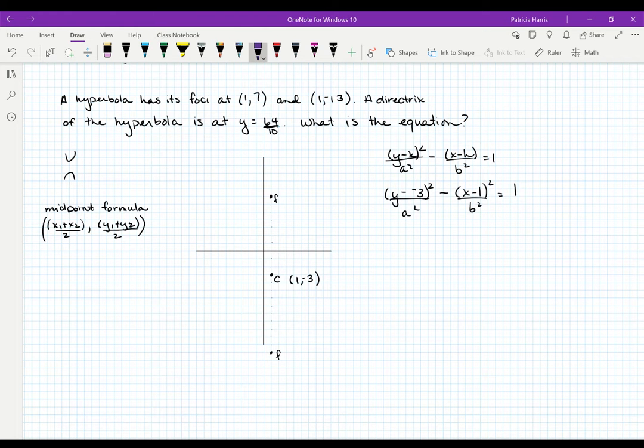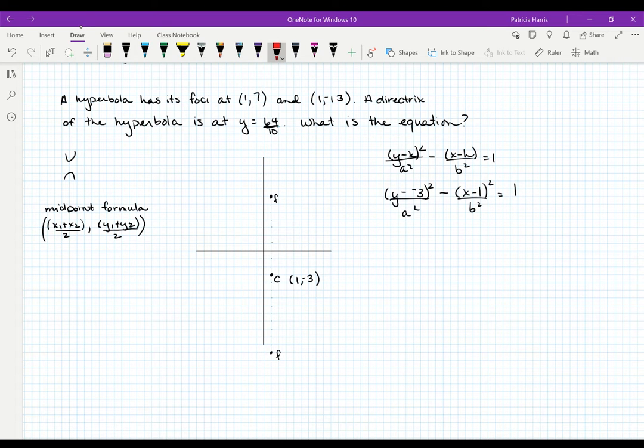Now remember, when we find the directrix, we're interested in the distance from the center. They didn't give us the distance from the center. They gave us the actual equation. So we're going to have to graph y equals 6.4.